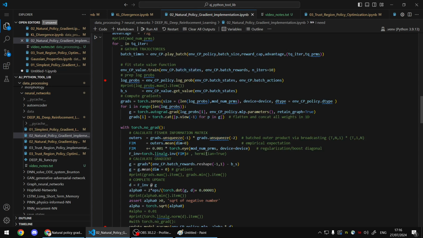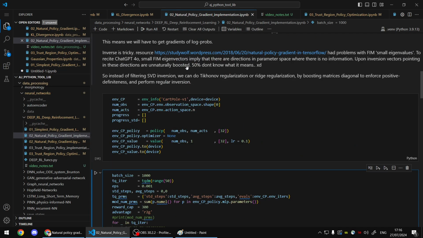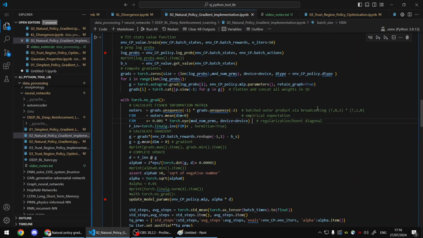I've tried saying it's a Hermitian matrix, using pseudo inverse, but the solution was actually that ChatGPT just told me that you make it positive semi-definite by boosting its diagonal. I will not go into that, but if you encounter this issue, it's a common technique. It's called Tikhonov or Ridge regularization. Yeah, that was problematic.